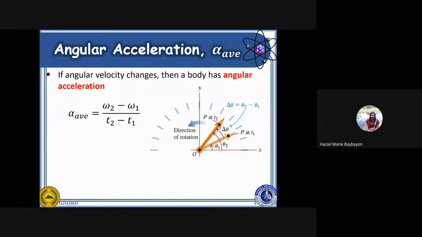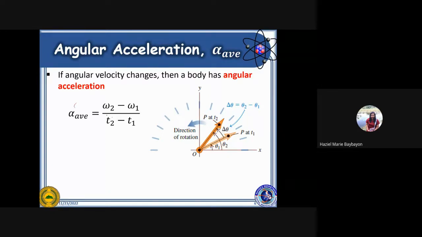Nag-accelerate siya. No? So, if omega changes with respect to time, then naay acceleration ang imo ang rigid body. However, kung constant ang imong omega as it moves tuyok-tuyok here, wala siya angular acceleration. Okay?